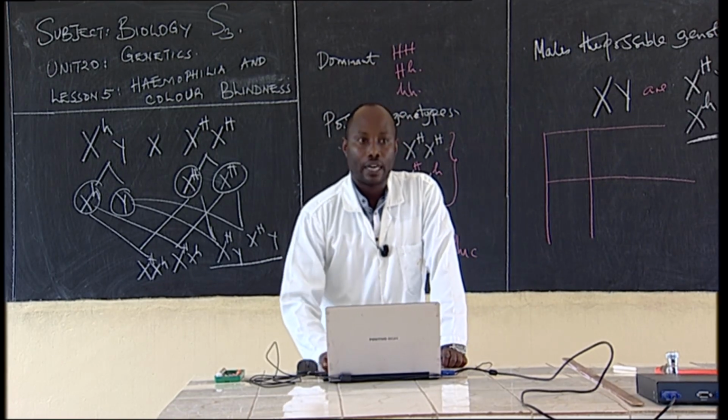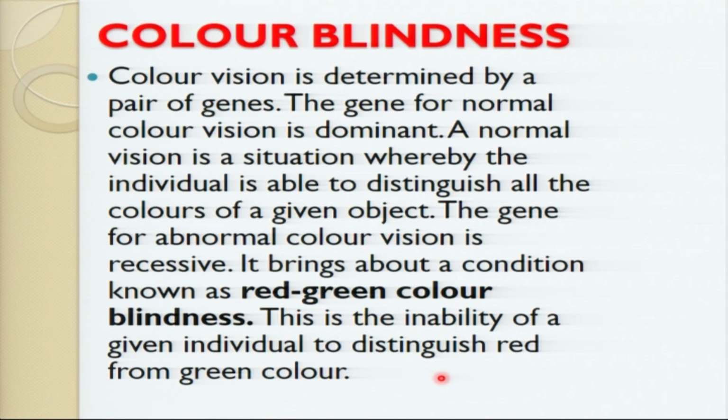So, color blindness. Let's go to what we call color blindness now. Color vision is determined by a pair of genes. The gene for normal color vision is dominant, meaning you are able to identify the colors. A normal vision is a situation whereby the individual is able to distinguish all colors of a given subject.